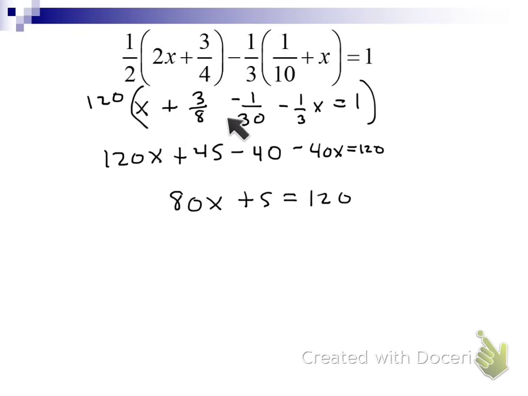After the 45? Oh, that should be minus 4, shouldn't it? Look at that. See, I messed up on purpose just to make you guys feel better about yourselves. So let's try that again. How about 80x? Let's see, plus 41, subtract it over, that would be 79. X equals 79/80ths?